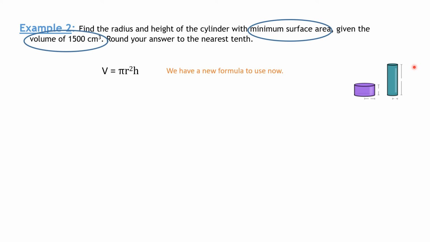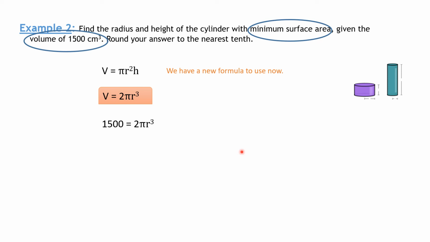We have a new formula to use now that we got on the last screen. And that comes from the fact that the height has to equal the diameter, or that your height is equal to 2 radii. So that's this formula here. We only use this formula when we're minimizing the surface area. We're getting the maximum volume. That gives us this formula right here.